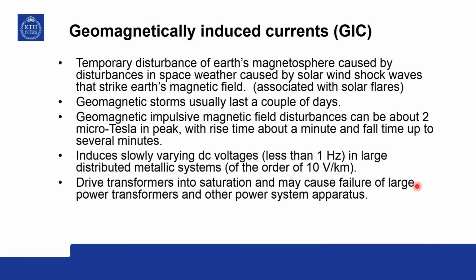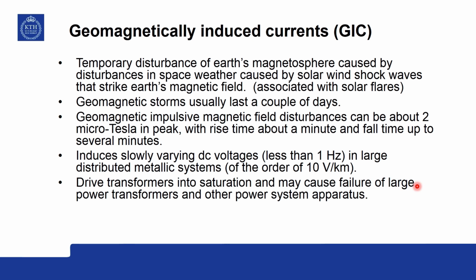So, we also have geomagnetically induced currents. Now, you have solar flares, the kind of it's part of the solar weather system. When solar flares comes, charged particles are getting ejected into Earth's magnetosphere, and this causes disturbance in the Earth magnetic field, and it can last several days.